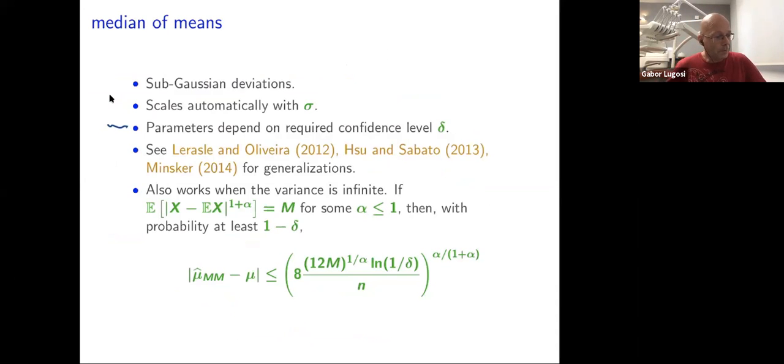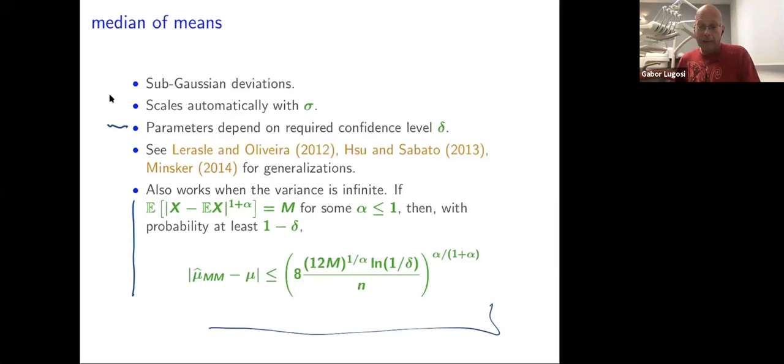Okay. Now another nice thing about the median of means estimator is that it also works if the variance is infinite. So for example, if instead of a finite second moment, we have a finite 1 plus alpha moment for some alpha that's less than 1, then we still have this kind of performance.